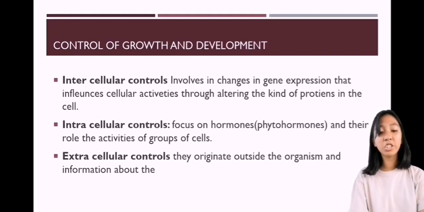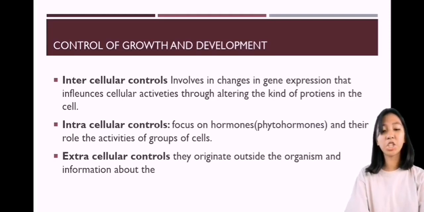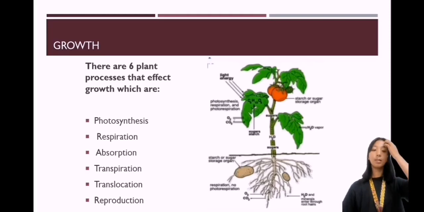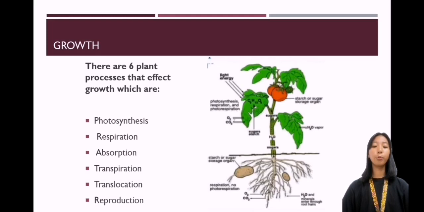Plus there are the extracellular controls. They originate outside the organism and inform it. There are six plant processes that affect growth, which are photosynthesis, respiration, absorption, transpiration, translocation, and reproduction.